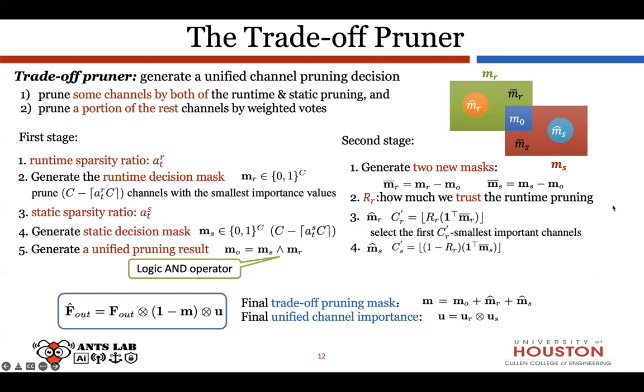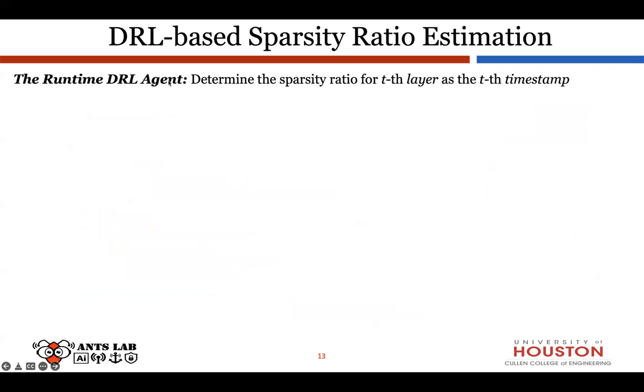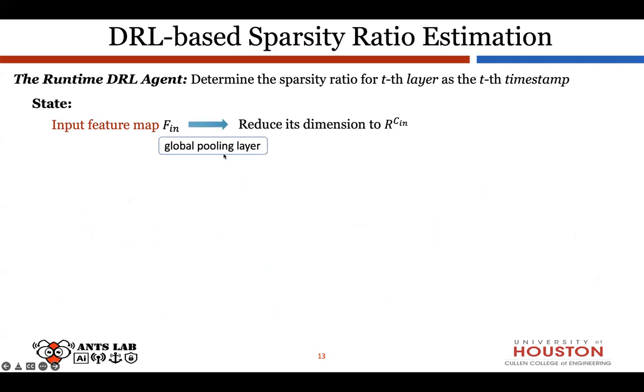Next, let's see how to get these two sparsity ratios by the deep reinforcement learning agent. Firstly, let's look at the runtime deep reinforcement learning agent. For the state space, we have this input feature map fin, and then we feed this fin to a global pooling layer to reduce its dimension to RC in.